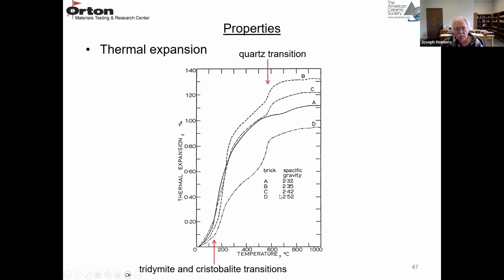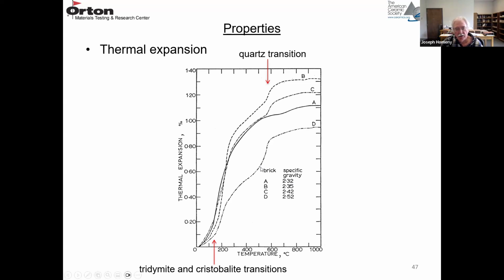Or you can measure the specific gravity. Since tridymite and cristobalite have the lower specific gravity, if you're in this region, 2.32 grams per cc, that's probably going to be complete conversion from quartz to cristobalite or tridymite. But D is only 2.52, so it's got a much higher specific gravity, which means you still have quartz present.